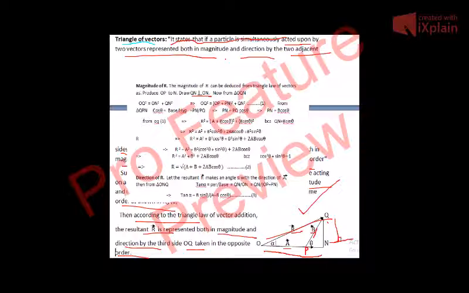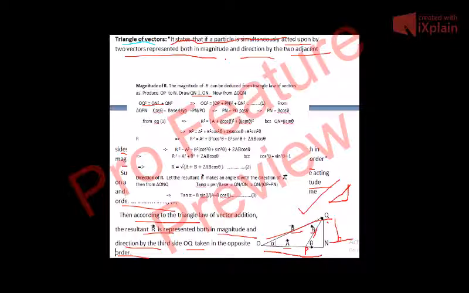Now from the right triangle OQN, using Pythagoras theorem, hypotenuse square is equal to base square plus perpendicular square. Here the hypotenuse is OQ, the base is ON, and the perpendicular is QN.